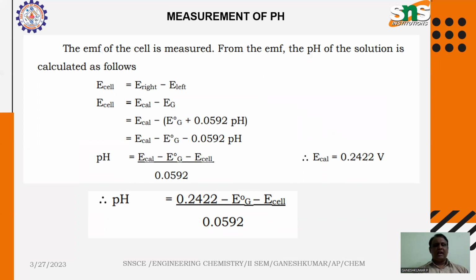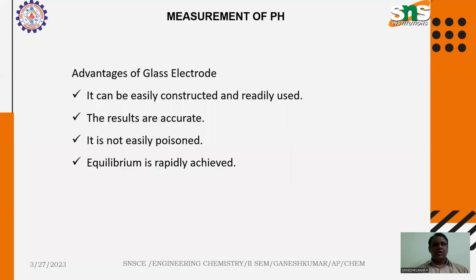E calomel has a standard value, that is 0.2422, and E naught G and E cell are obtained from the experiment. Based on these values, we can calculate the pH. So the glass electrode is highly useful for measuring the pH of a solution.